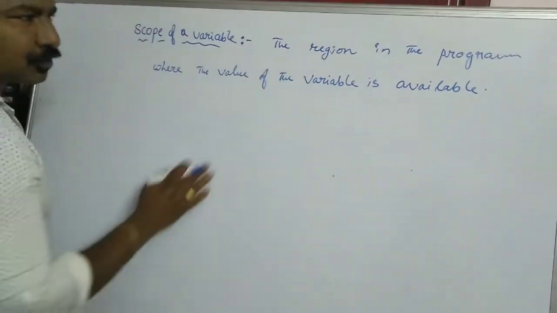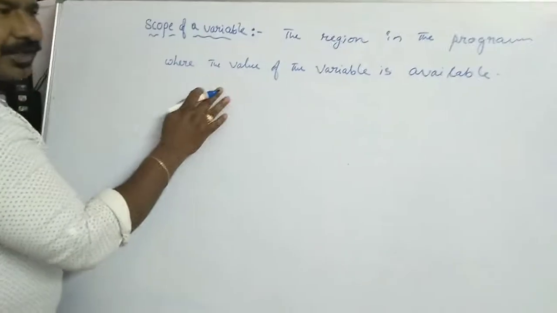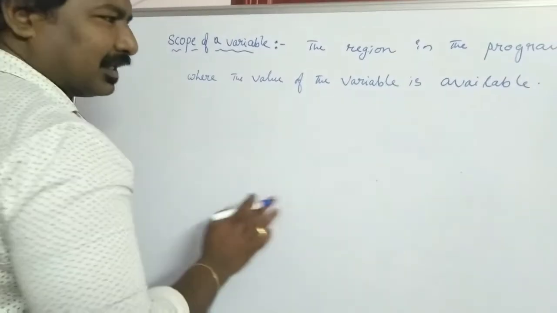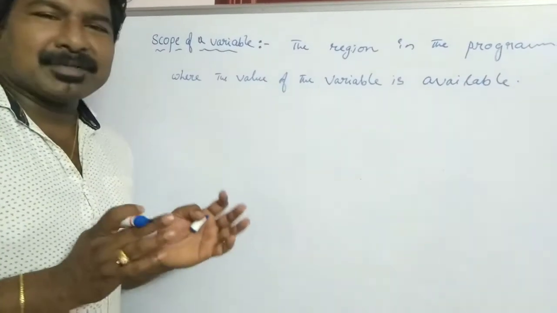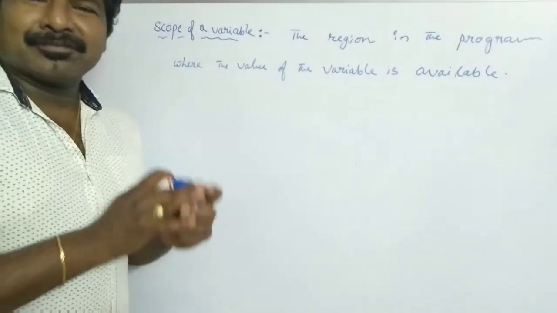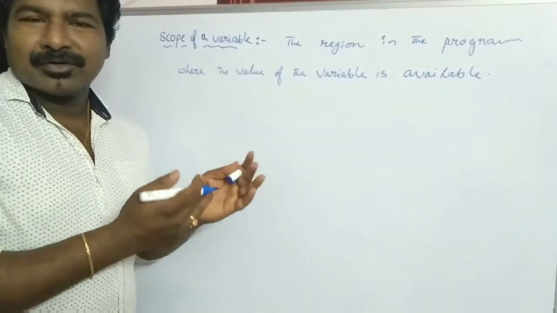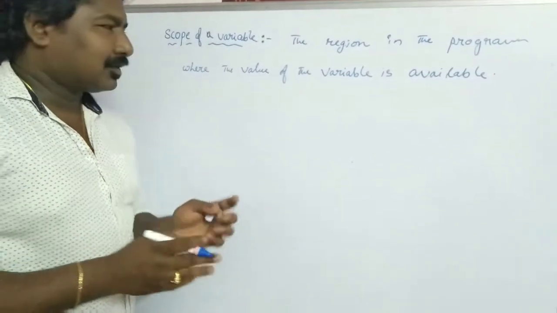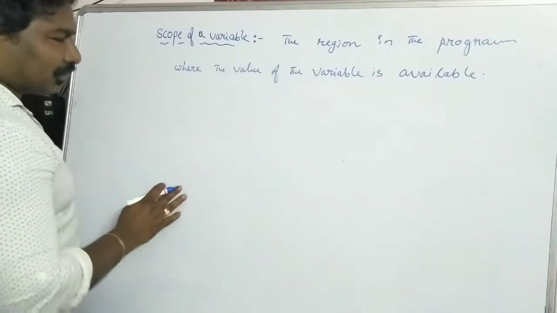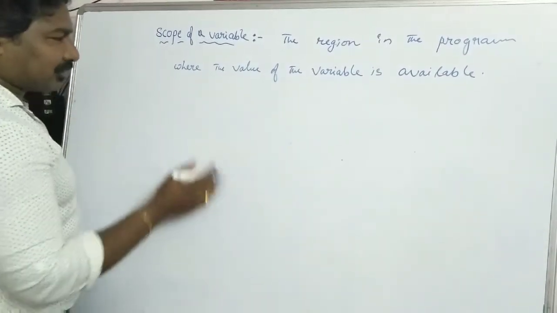Okay friends, so the scope is the region in the program where the value of the variable is available. In another way, some people say it is the visibility of the particular variable, that means where your variable can be visible to access the value. So this is the scope of a variable. I'll try to write a small program here.